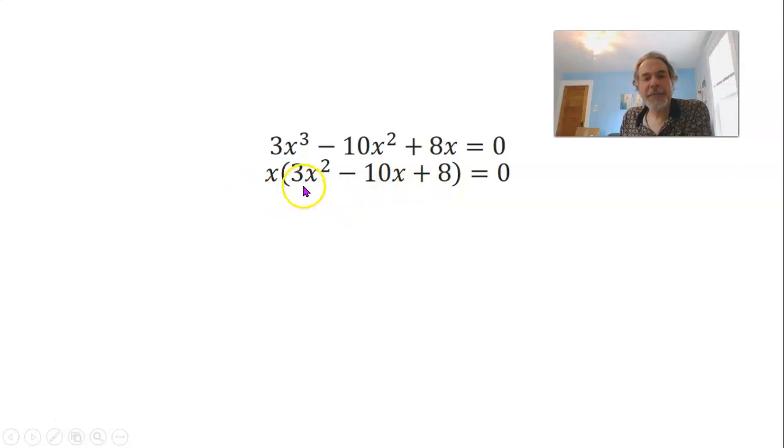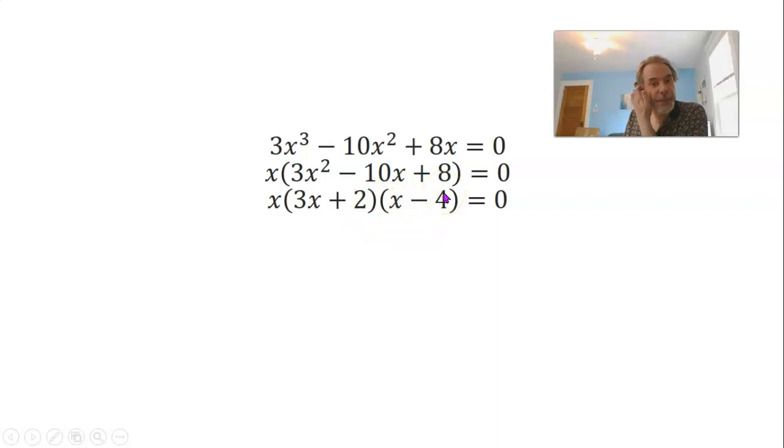Now let me see if I can factor 3x squared minus 10x plus 8. Pause if you want to see if you can figure this out for yourself. I paused while I was figuring it out, and I got 3x plus 2 times x minus 4. Notice if you FOIL this, you get 3x squared minus 12x plus 2x, so together that's minus 10x, minus 8.